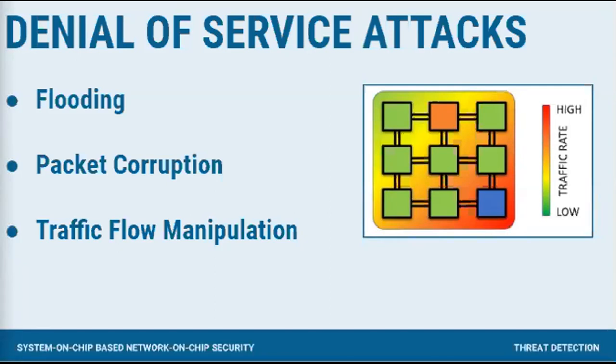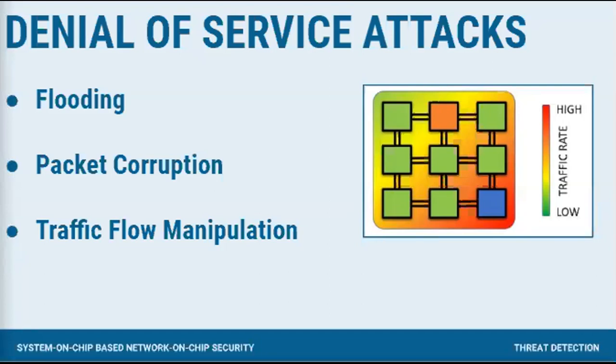Let us consider there's a memory intensive application in the network on chip environment that needs to be on time, and it cannot violate deadlines. In this image, the orange color IP is a malicious IP, and it targets the blue color IP, which is a victim IP.